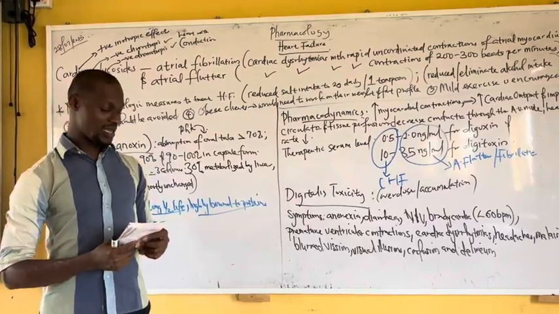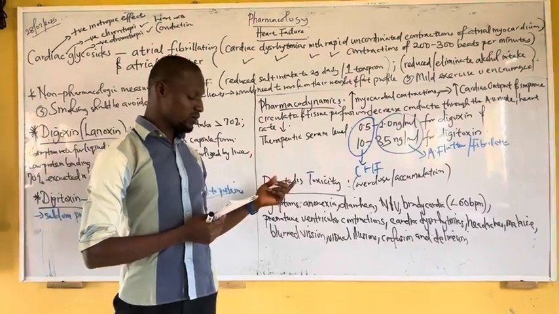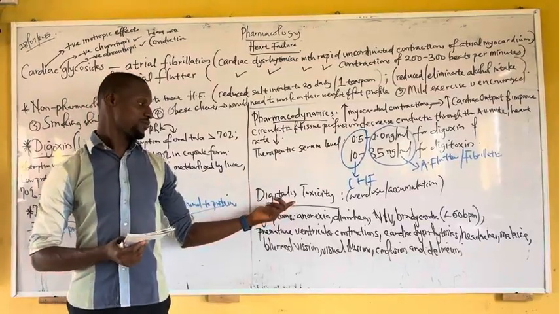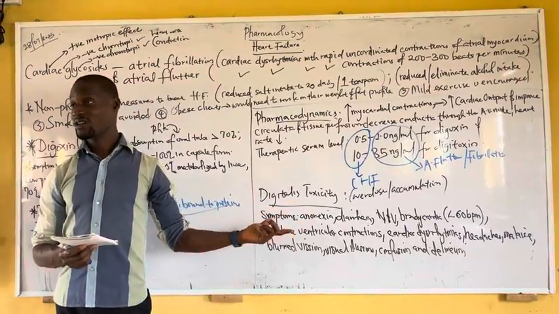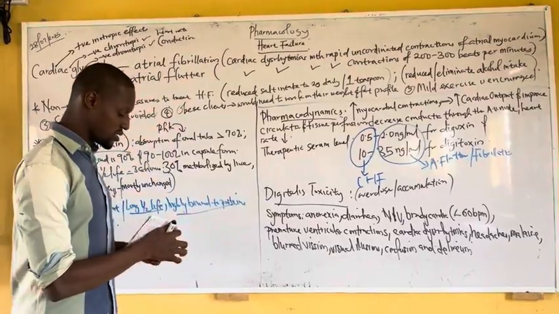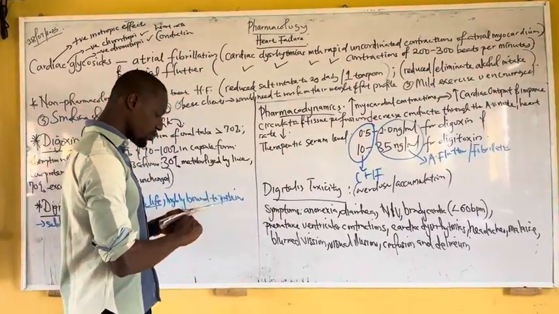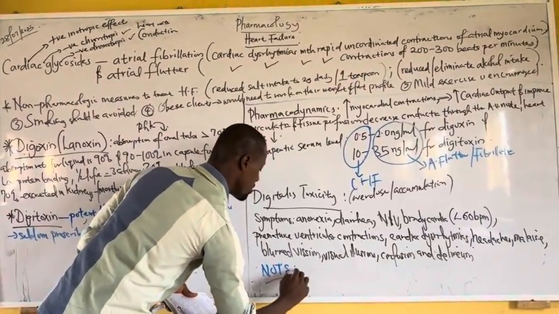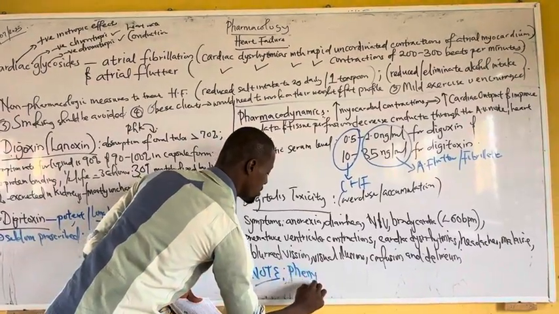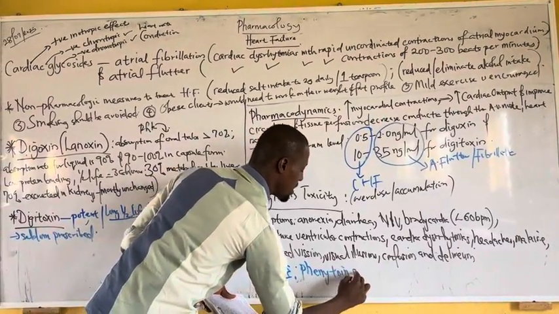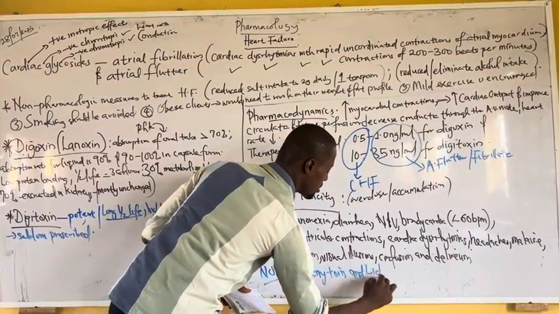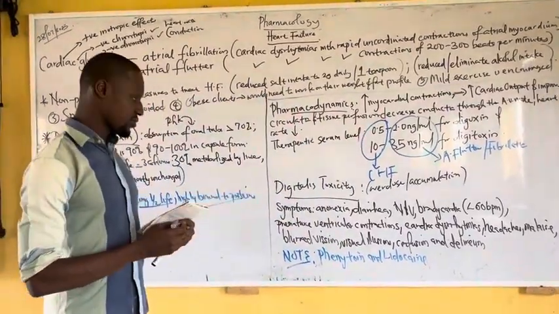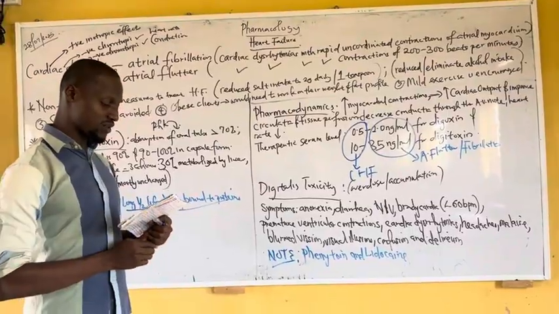Most likely, when a person has a digoxin-induced ventricular dysrhythmia, that person has digitalis toxicity. We'll talk about this more.